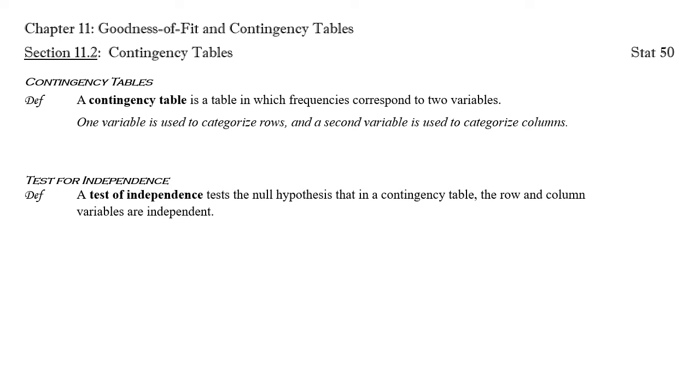Well, when we're talking about independence, we can go back to remember what independence means when we're talking about independent events. So let's recall that events A and B are independent if the probability of event A given B is the same as the probability of event A occurring regardless of whether event B occurs or not.